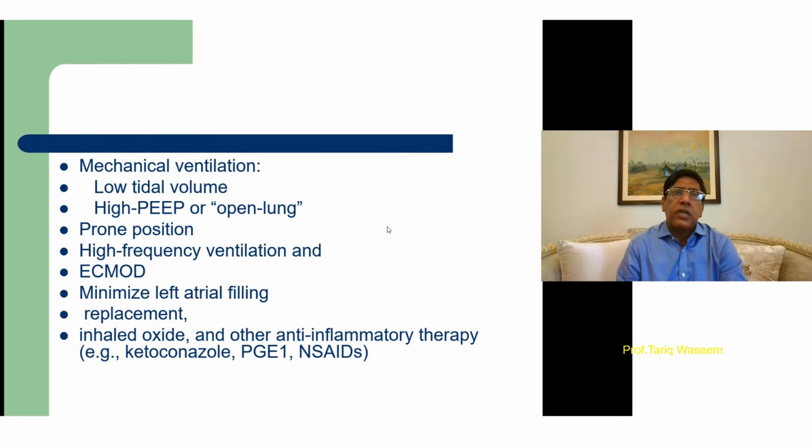It is being practiced. I'm not sure whether that sort of arrangement is available in any intensive care unit over here in Pakistan, but this is quite a frequent mode of management in well-equipped intensive care units abroad.